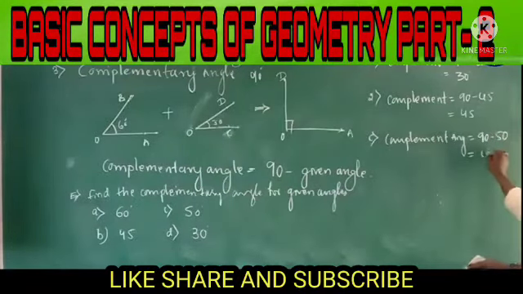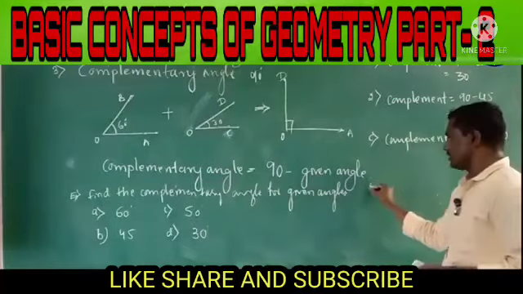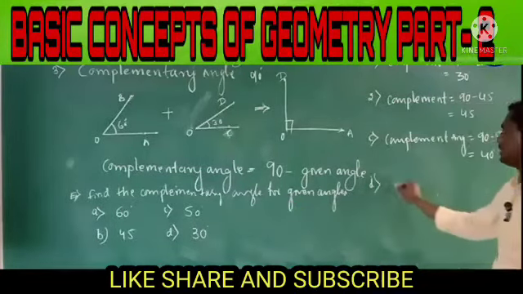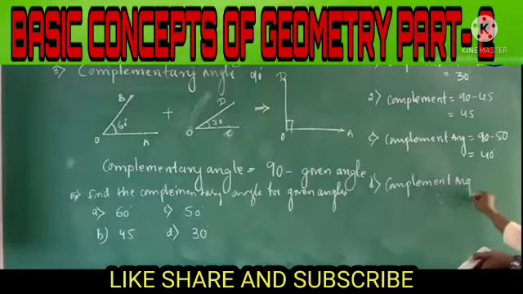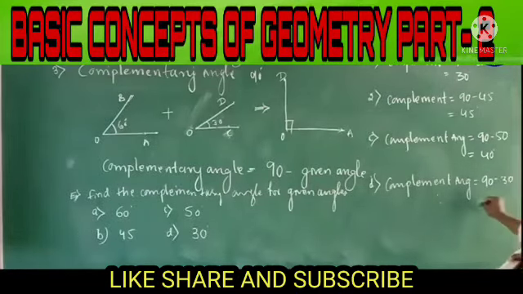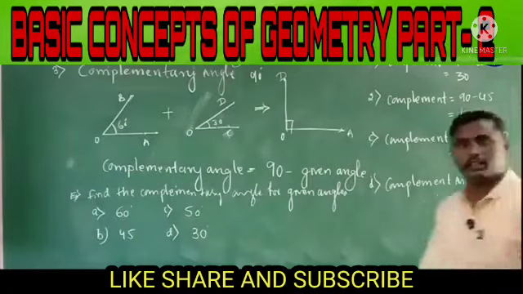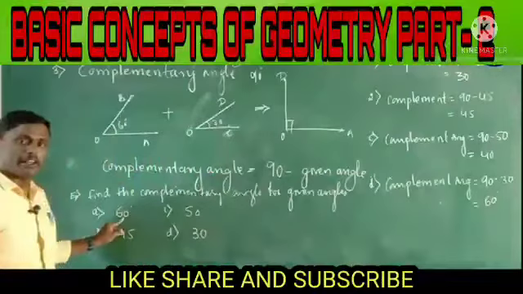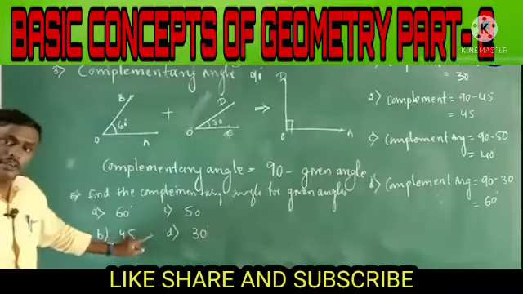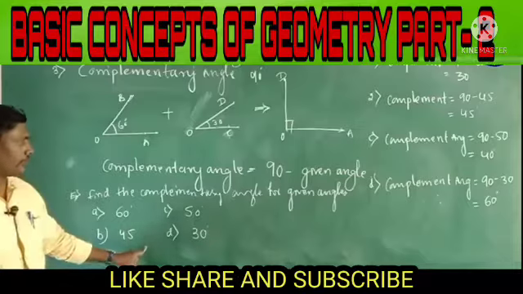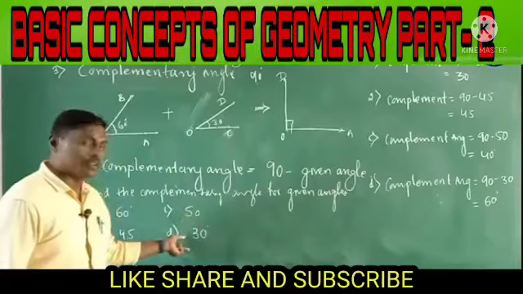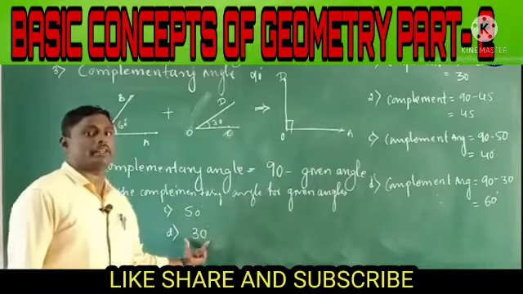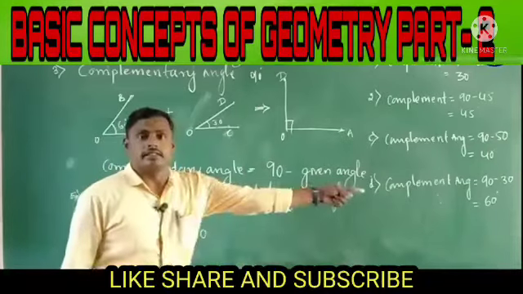So 90 minus 50 is 40. Next and last one is 30 degrees. Complement angle equal to 90 minus 30, 60 degrees. For the first one, the complement angle is 30 degrees. For the second one, the other complement angle is 45. For the third one, it is 40 degrees. For the last one, if one angle is 30 degrees, the other complementary angle is 60 degrees.